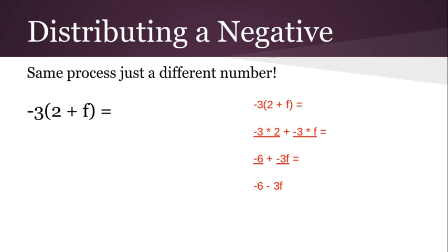Negative 3 times 2 gives us negative 6 plus negative 3f, which converts to negative 6 minus 3f. And the reason why is that when we're adding a negative, we can convert that to subtraction.